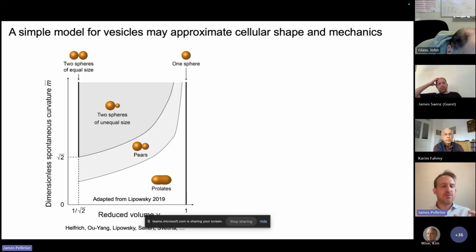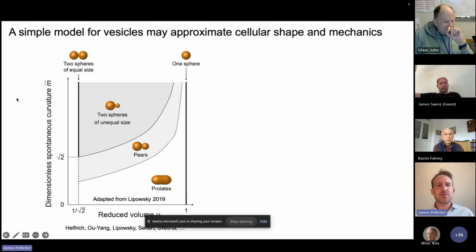For any pair of inputs, the model will predict a shape that minimizes the bending energy of the membrane. The 2 inputs are the surface area to volume ratio on the horizontal axis, where 1 is a fully inflated sphere, and as you move to the left, the sphere deflates, so it could take on more shapes. And the vertical axis represents the preferred curvature of the membrane.